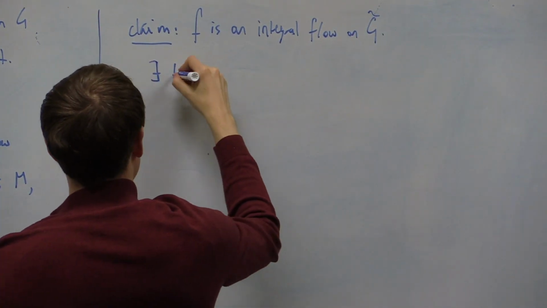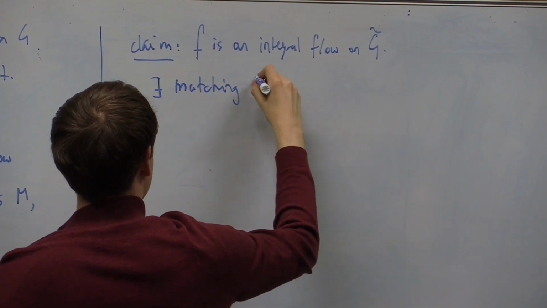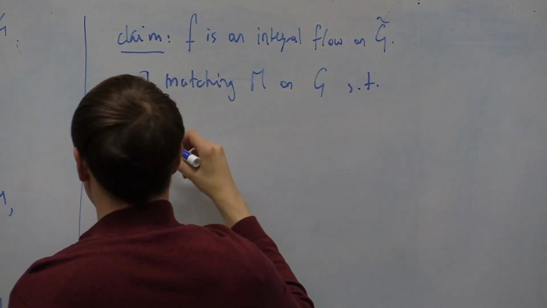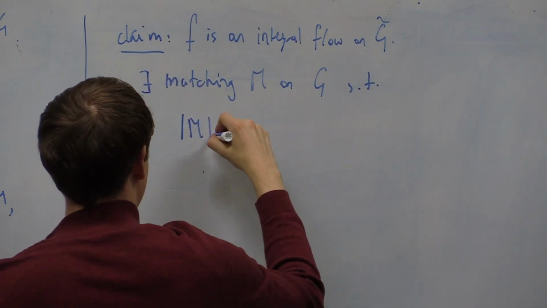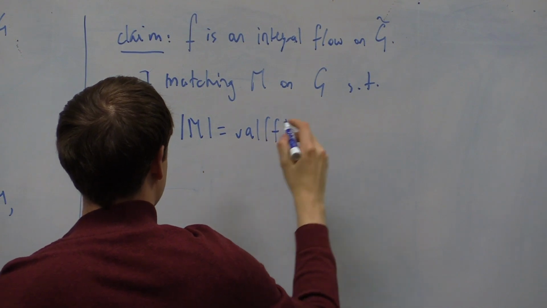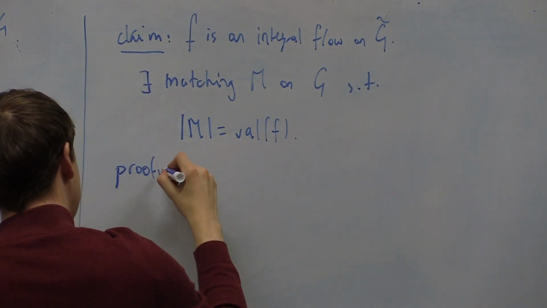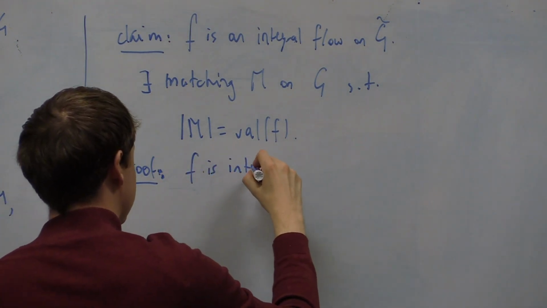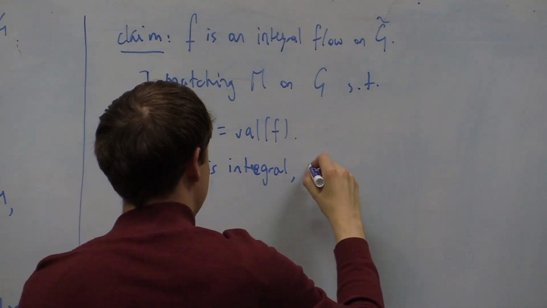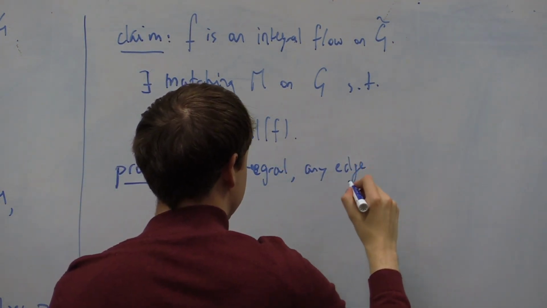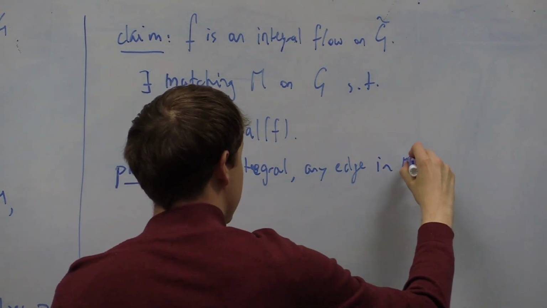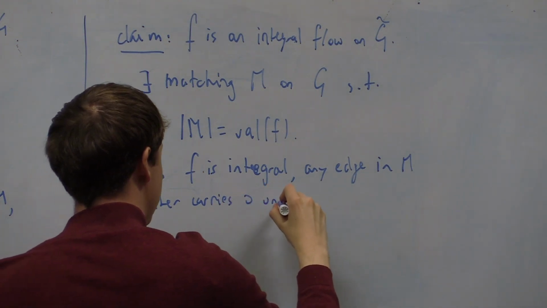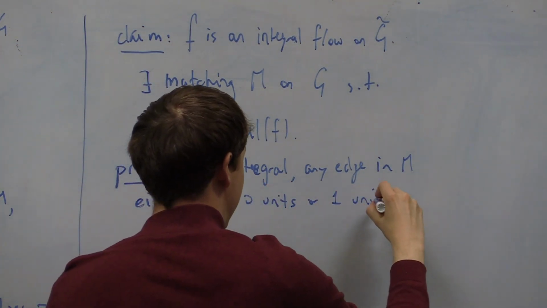I want to say that there exists a matching M on the original bipartite graph G such that the size of M is the value of F. Now, because F is integral, any edge either carries 0 units or 1 unit, because the capacities are 1.